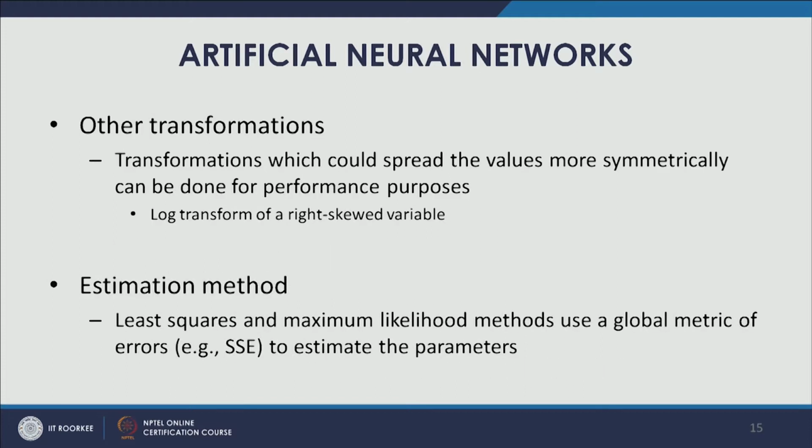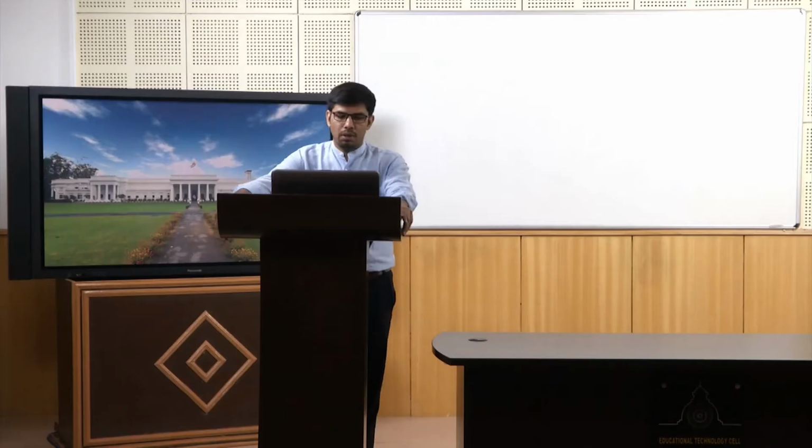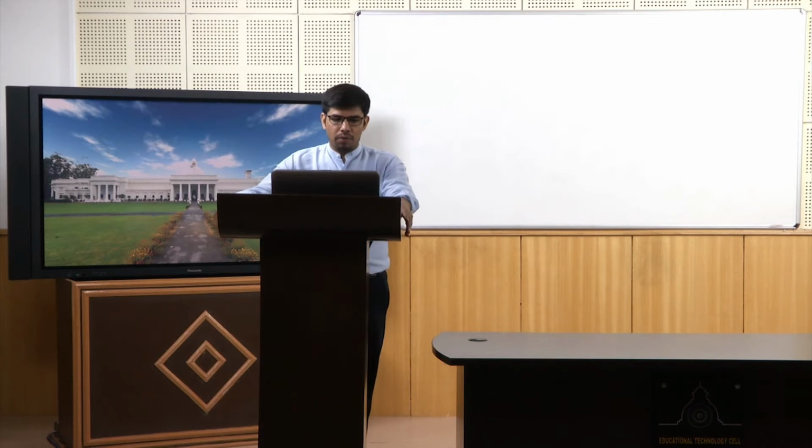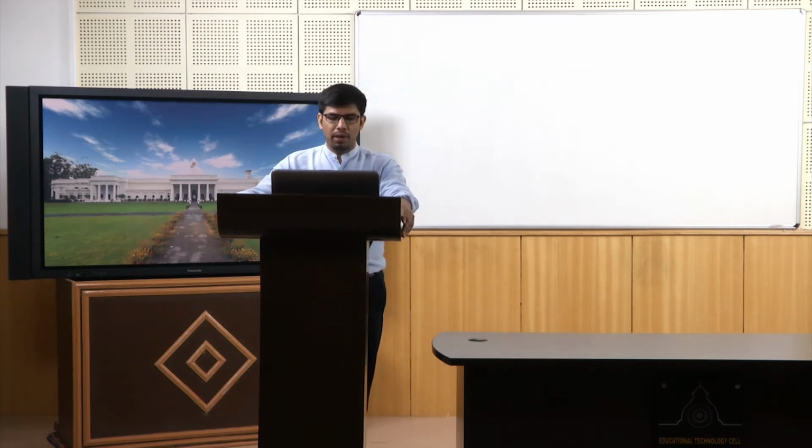Now there are a few other transformations that can help. For example, if we have a right skewed variable, then a log transform can be done, and that can help our neural network modeling.